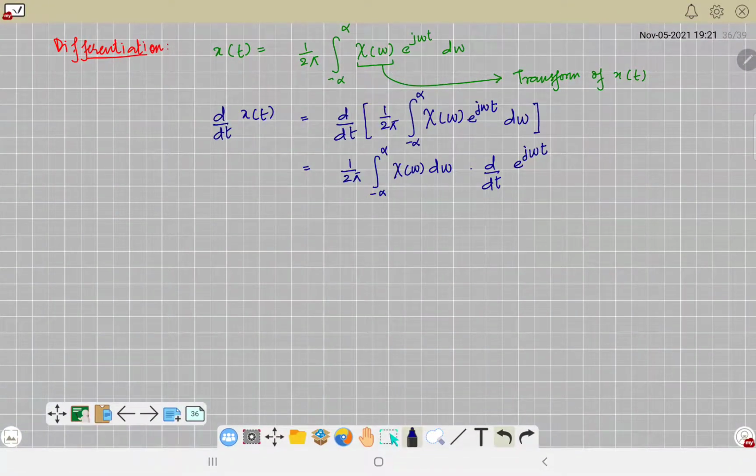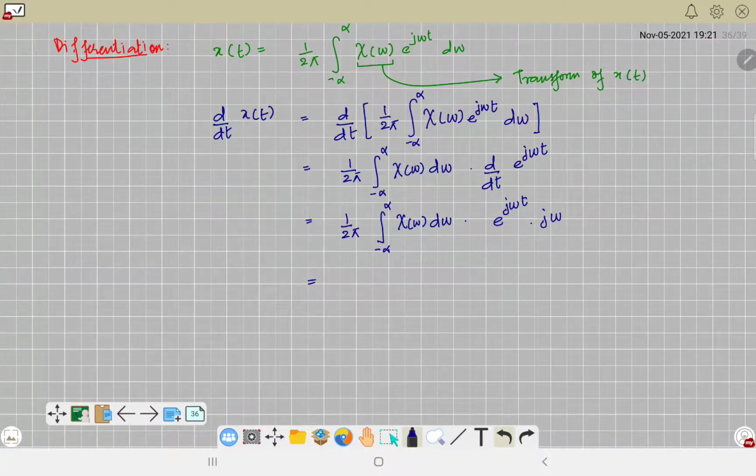Just a second. So this means it will be 1 by 2 pi minus infinity to infinity x omega d omega, and the derivative of this thing is e raised power j omega t multiplied by the derivative of the power, which will be j omega.